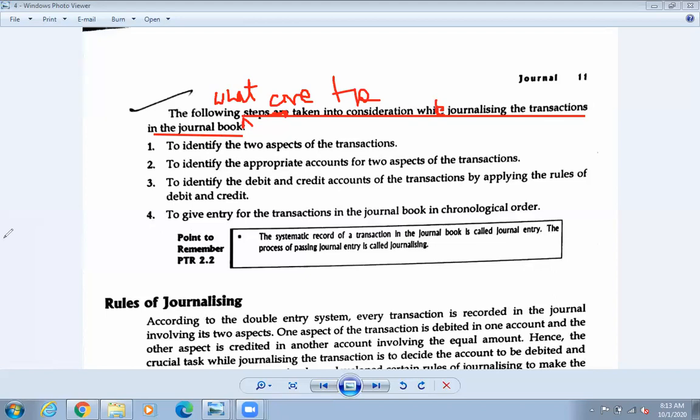Okay, so let us start from here. While, WHILE is missing over here. So के ध्यान दिनु पर्छ? Okay, so first, what you write on the steps: write on the same thing, that the following steps are taken into consideration while journalizing the transaction in the journal book. So number one will be to identify the two aspects of transaction.